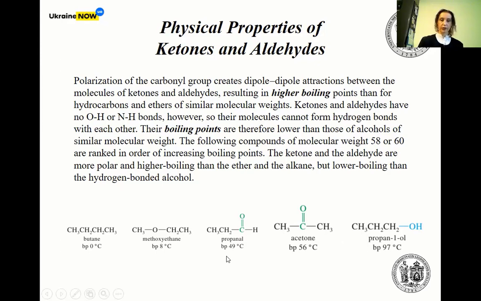So the reason for this medium position is that they are polarized, and between molecules there is dipole interaction, but no hydrogen bonds, so they don't interact in such a strong way as alcohols, for example.